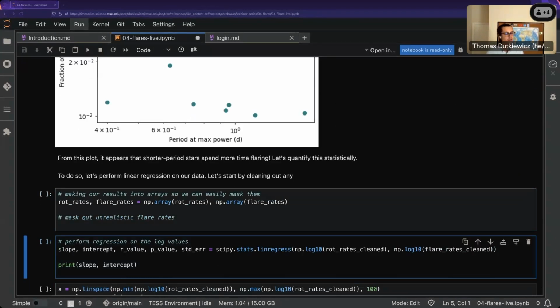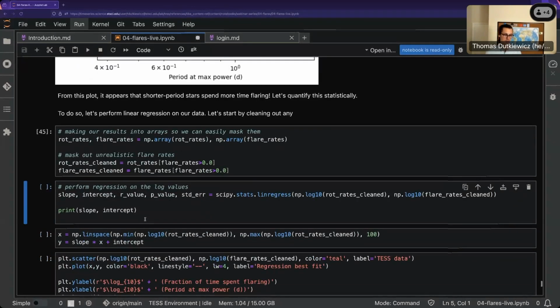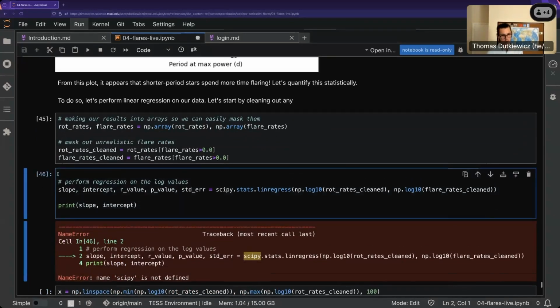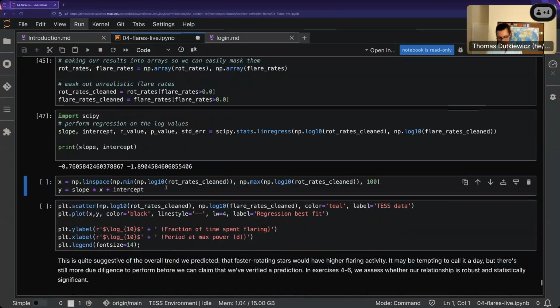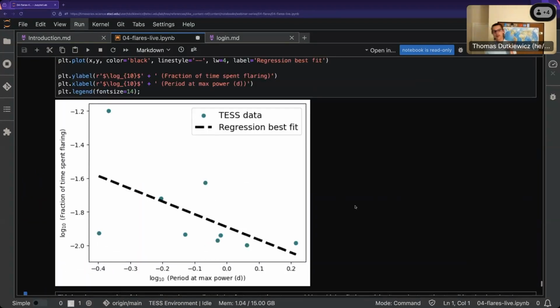There are no unrealistic values that come out of this particular analysis. When you do the full set, I think there are a couple. Oh, good, I didn't import SciPy. But when you run this, you can get a regression here. There's more data cleaning that happens below. Some of these points actually shouldn't be included because of limitations in the Stella package.